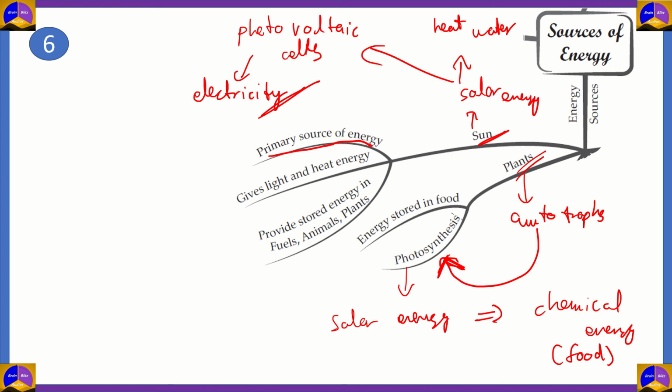It gives off light and heat energy, and its rays have the potential to be used as a very good energy source. Solar energy in particular is a renewable source of energy, but it is also alternative. That means it has not been in use for a long time. It came along fairly recently.